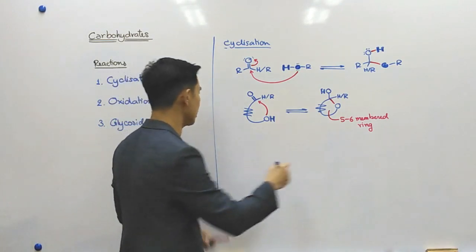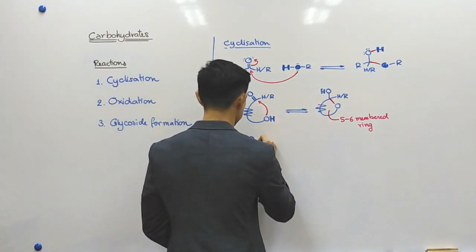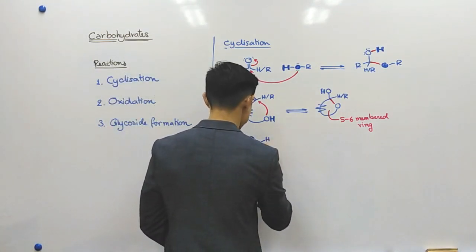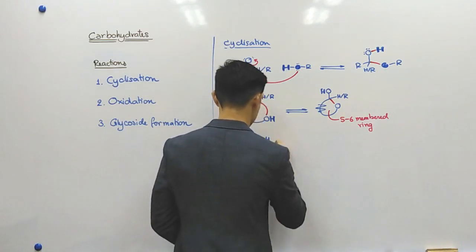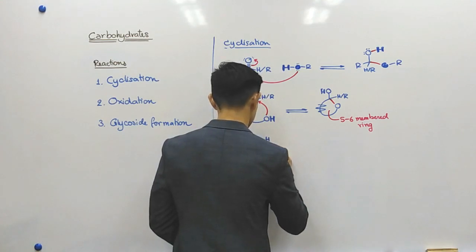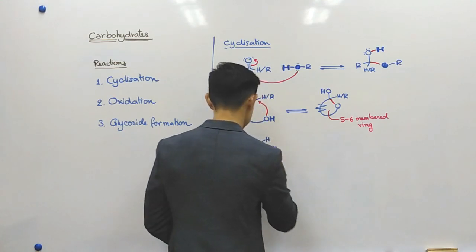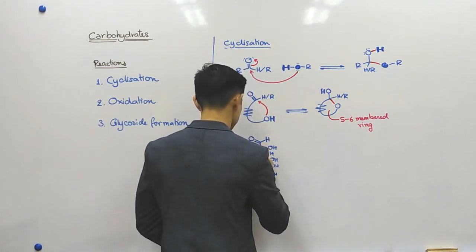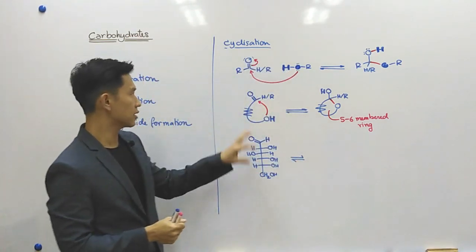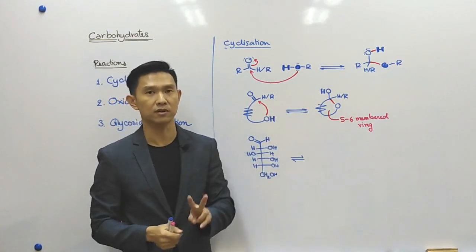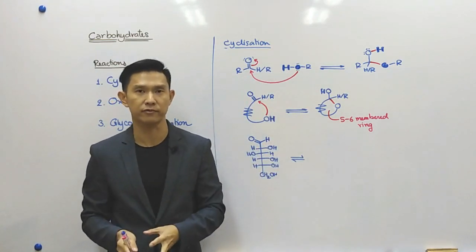So if we look at glucose, for example, you have OH on every carbon atom, like this. So it can actually close the ring on both sides, into 5 and 6 membered rings.